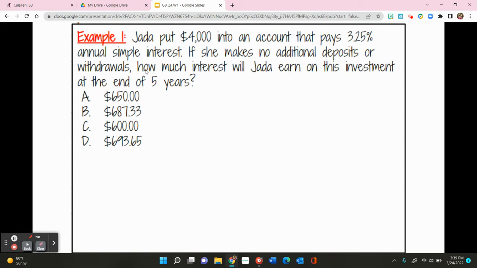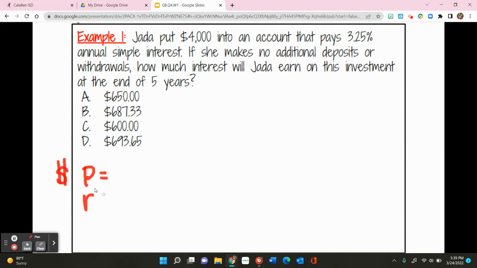Now let's look at an example of finding simple interest. Example 1 says Jada put $4,000 into an account that pays 3.25% annual simple interest. If she makes no additional deposits or withdrawals, how much interest will Jada earn on this investment at the end of 5 years? First, we want to identify the principal, which is the starting amount, our money.